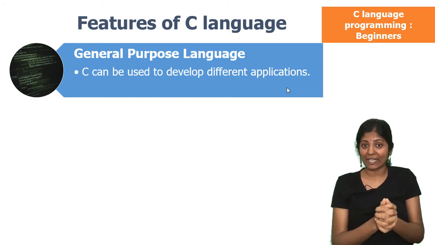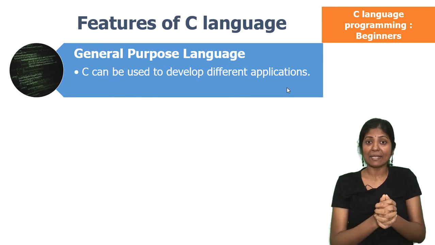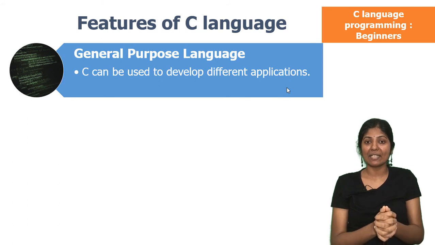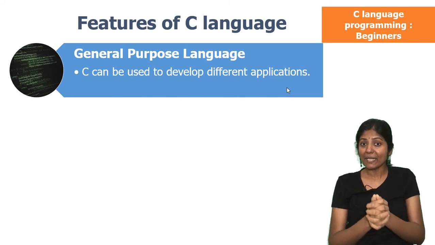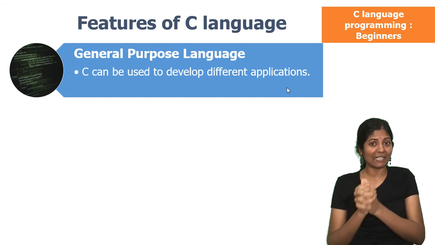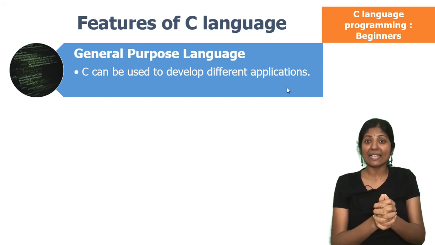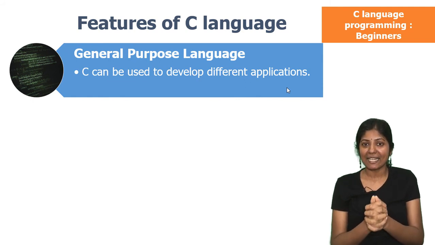Using database software, like for example, Oracle, MySQL, PostgreSQL, SQLite, etc., we can communicate with the database. So, using C language, we can develop any kind of softwares, maybe system software, application software, or database softwares. That's why it is called general purpose language.